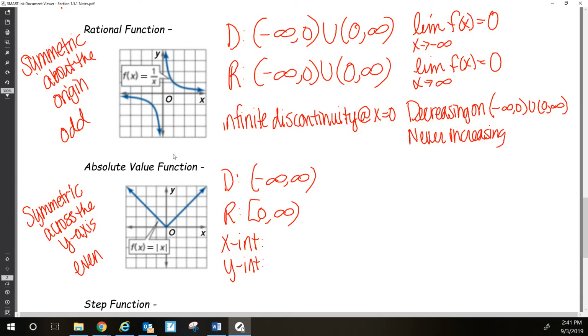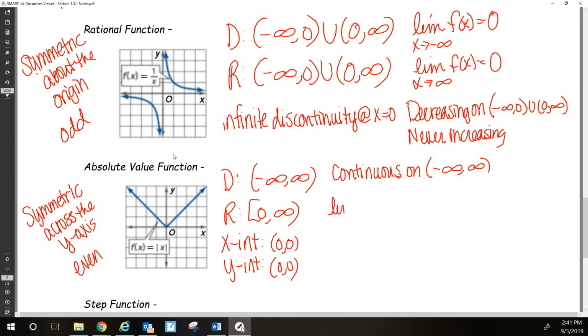Yes, we do. Right there at that point, (0, 0). Any discontinuities? No jumps, no asymptotes, so it's continuous on the entire domain, negative infinity to positive infinity.